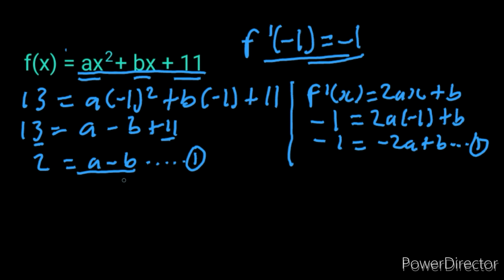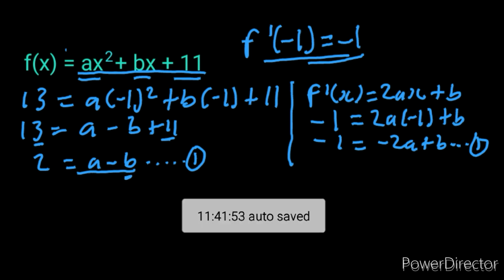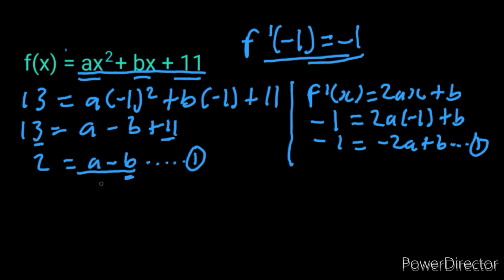Let's make b the subject of the formula by taking it to this side of the equation. So it's going to be b. And then if I take this 2 to the other side of the equation, it's now going to be a minus 2. Alright, I hope that does not confuse you. If that confuses you, then we can do it like this.